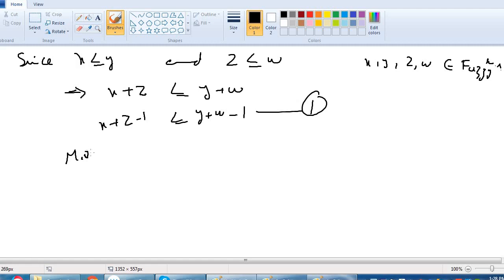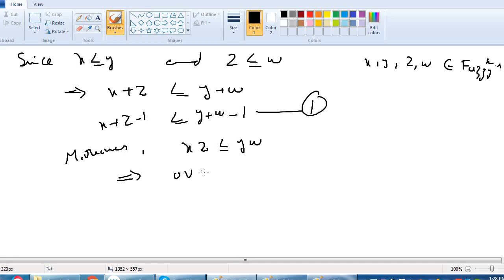Moreover, if we multiply these two inequalities, x is less than or equal to y and z is less than or equal to w, we will get xz is less than or equal to yw. So we can apply 0 union on both sides.